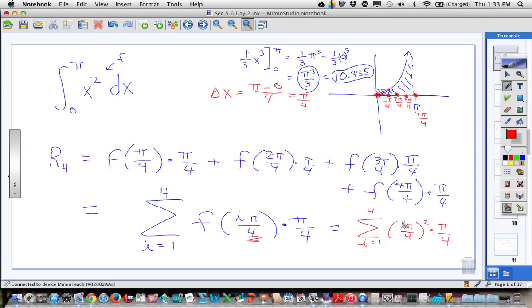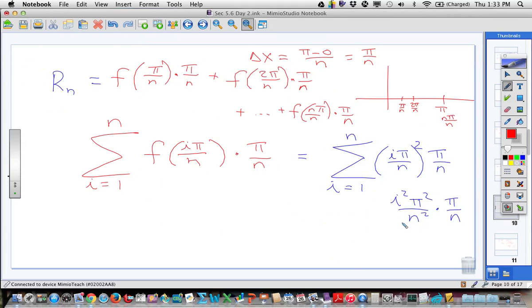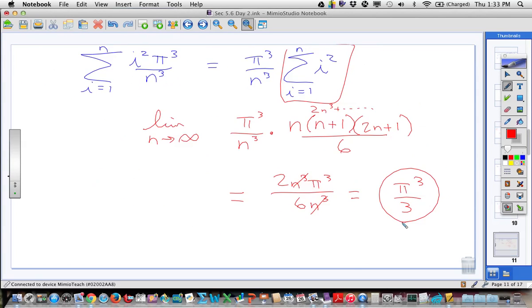So if we took an infinite Riemann sum, that should give us the exact area. So we wanted to actually show that, so we wrote out some rectangles. We wrote out 4, we wrote out 100, right? We wrote out an infinite number. We used some nice sigma formulas to help us along the way, okay? But we just showed that an infinite number of rectangle areas actually gives us the exact area under the curve.